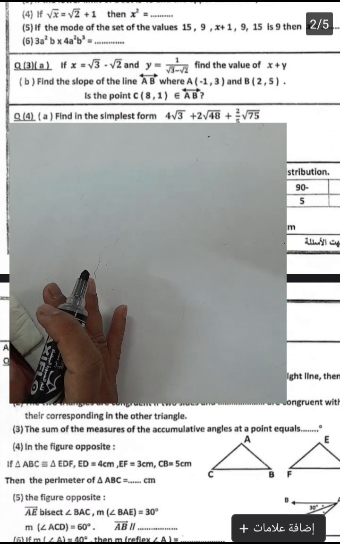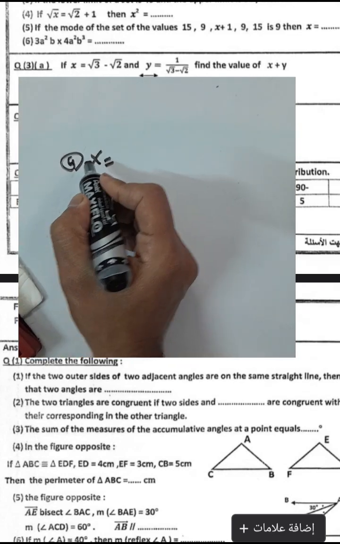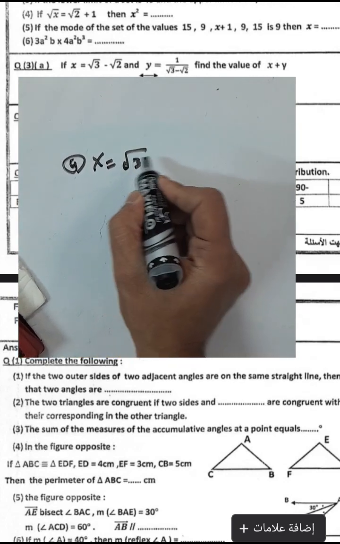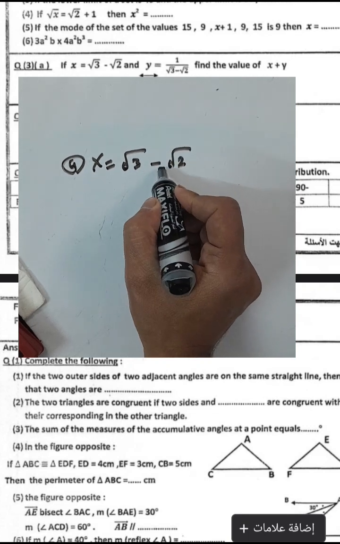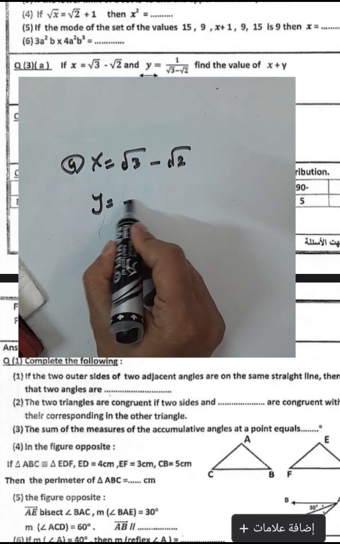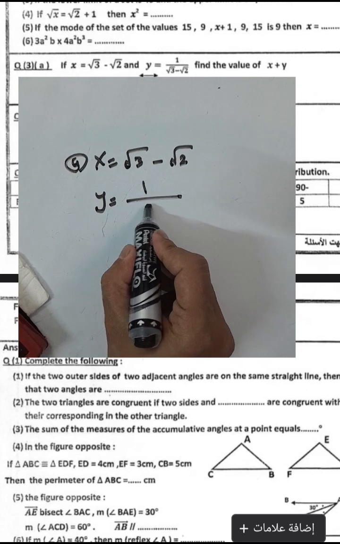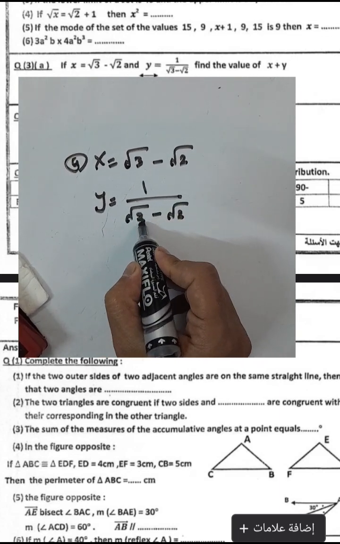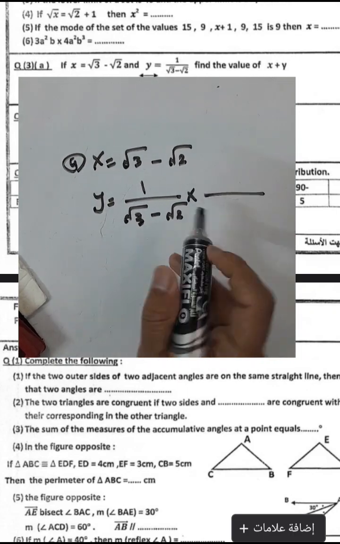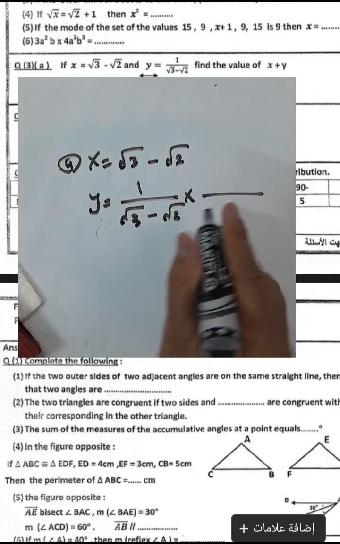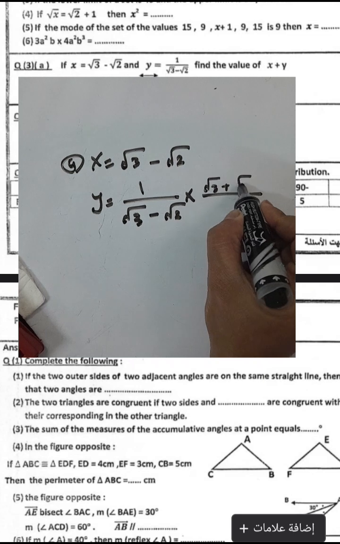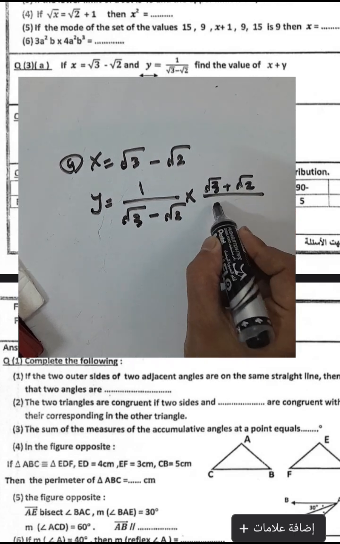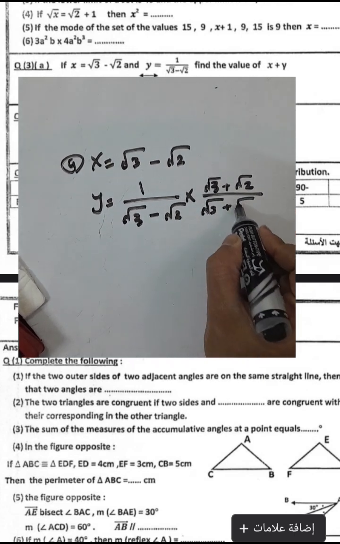Question 3, letter A. You give us x equal root 3 subtract by root 2, and give us y equal 1 over root 3 minus root 2 by product conjugate about the numerator root 3 plus root 2, and here root 3 plus root 2.